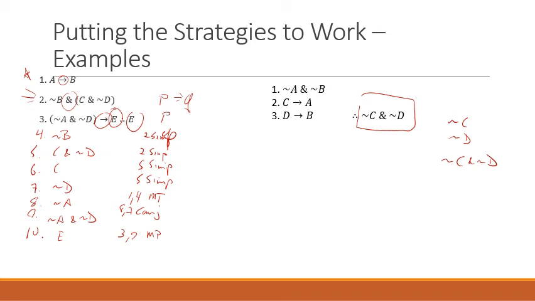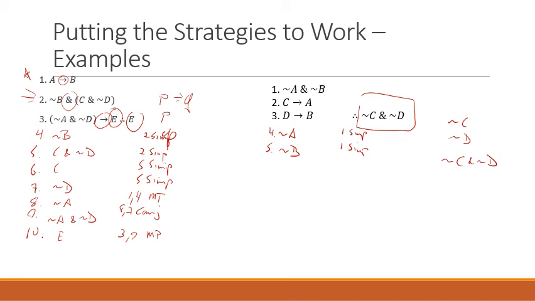But in order to do that, I'll need not A and I'll need not B. But lo and behold, look at number 1. Hey, not A and not B in a conjunction. So I'll just break those apart, right? So with conjunctions, you can always simplify. And then you can use those pieces for the other rules.